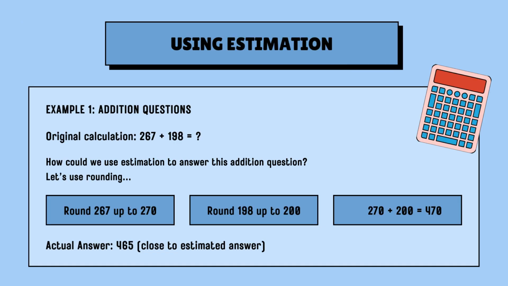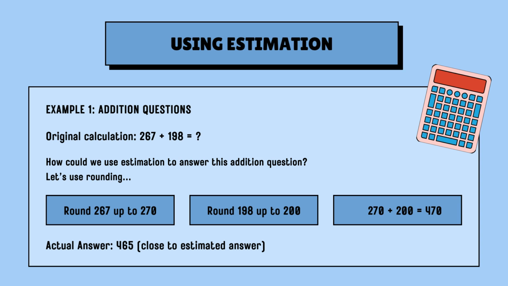Okay, so using estimation. Let's look at this first example, an addition question, so we have to add. The original calculation is 267 plus 198. With those complicated numbers, it will be more difficult for us to calculate. But how could we use estimation to answer this addition question? Let's use rounding for this example.